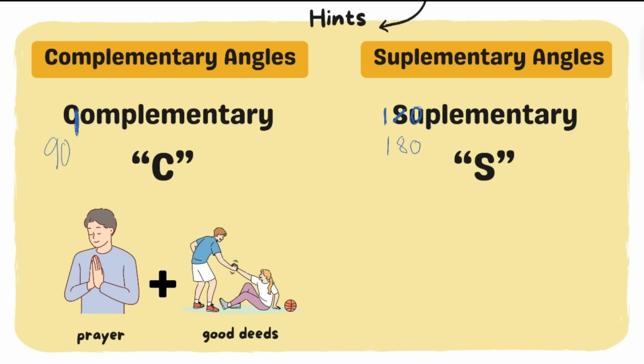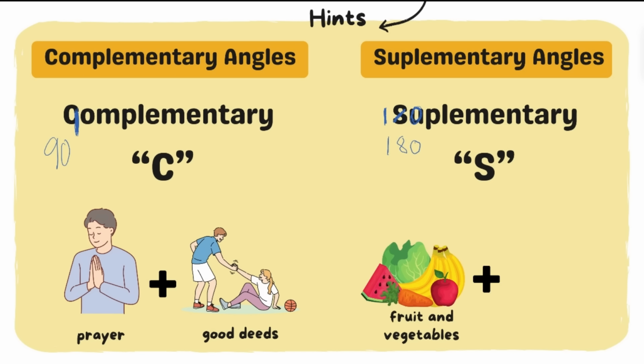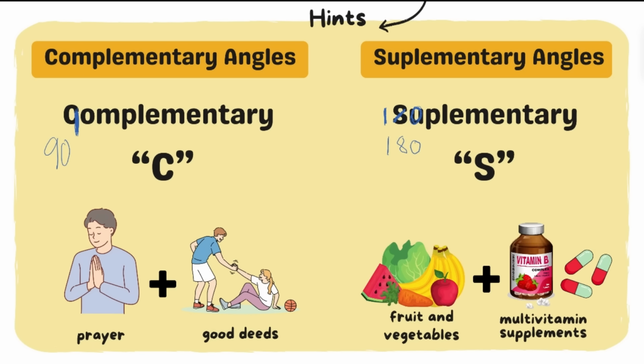Now, let me give you also an example on how to use the word supplement. Example, fruits and vegetables plus multivitamin supplements, di ba? Ito kadalasan yung mga nakikita natin sa commercial, yung mga multivitamins. Now, anong difference ng dalawang ito? Okay? So in this first example, prayer and good deeds talagang magka-partner yan. Hindi pwedeng mawala yung isa.